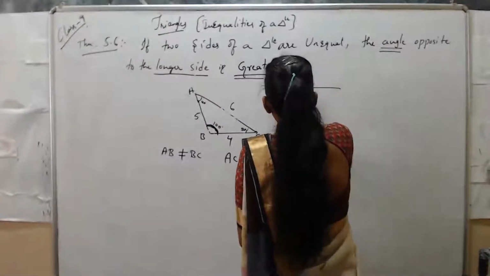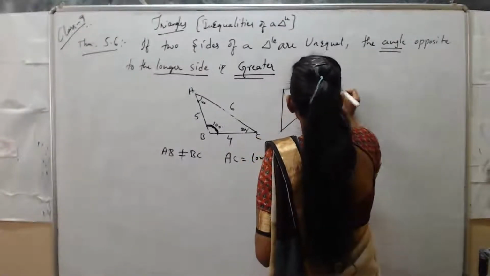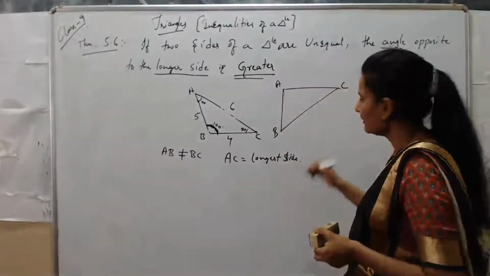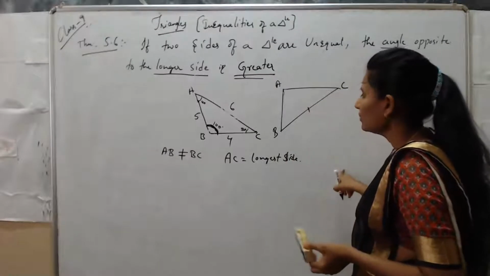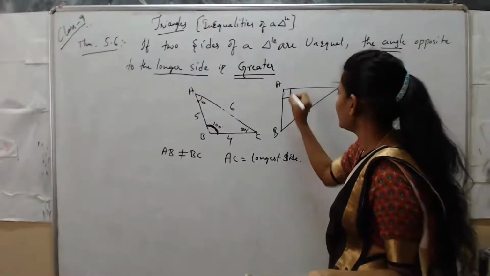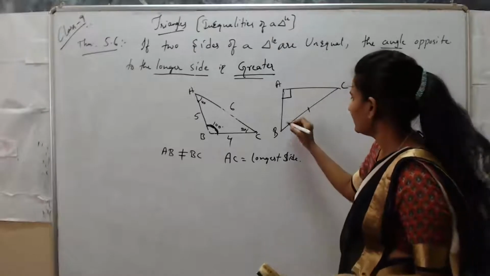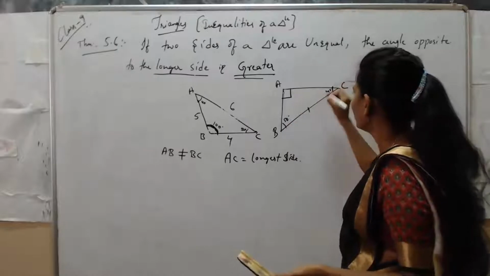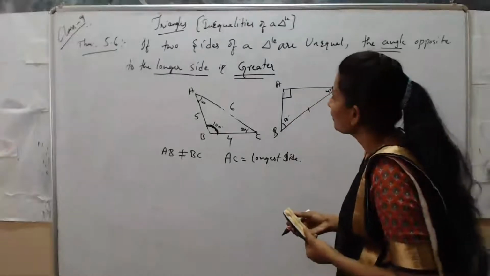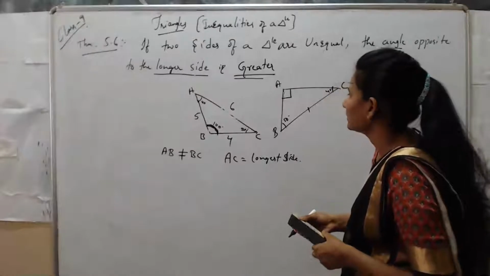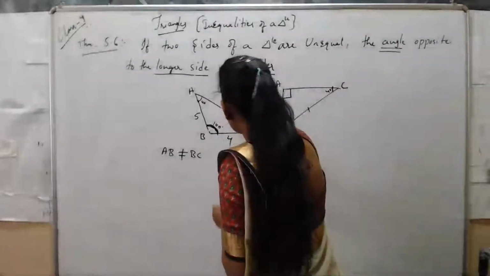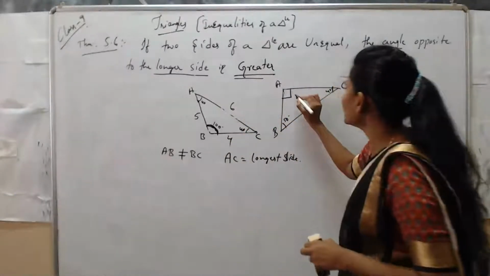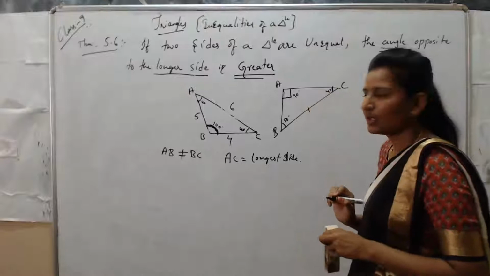Suppose I am writing a triangle like this, A, B, C. Which is the longest side here? BC is the longest side. Which is the greater angle? Obviously this angle, which is the 90-degree angle. The other two will be 50 and 40, then it will be 90.